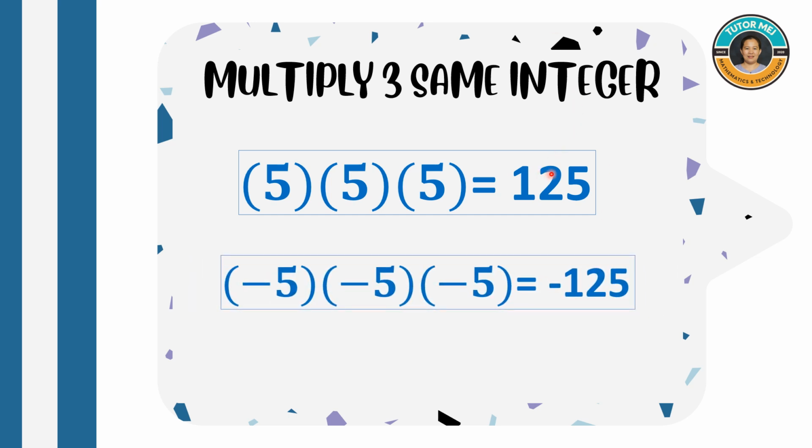It only means that if we get the cube root of a positive integer, it will give us a positive root. If we get the cube root of a negative integer, it will give us a negative root.